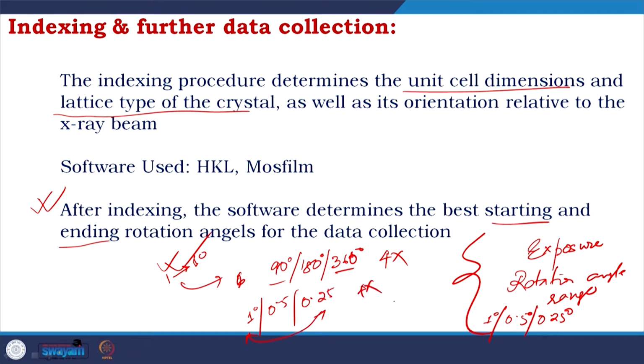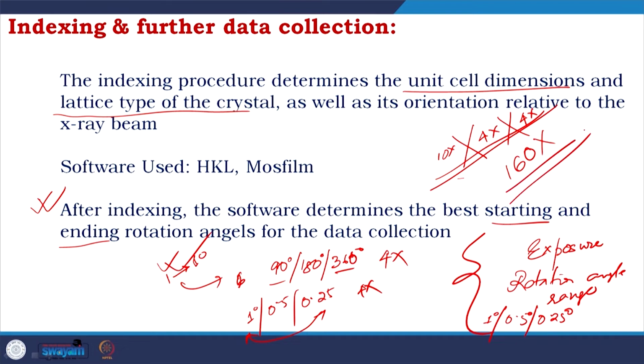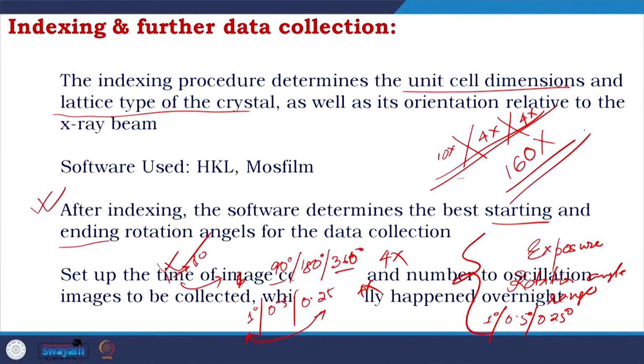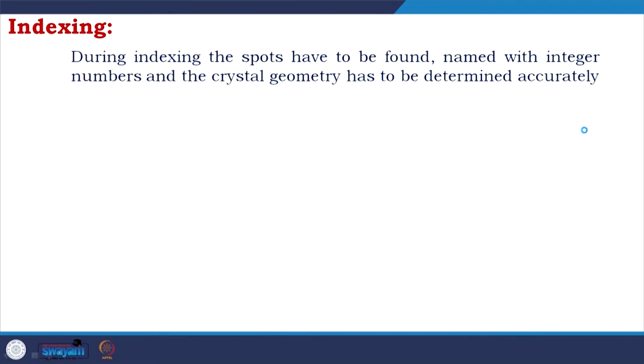So, actually there would be 10x into 4x into 4x, 160x time difference depending on how well you have optimized. And then you set up the time of image collection, the number of oscillation images to be collected, which may take you overnight, even a minimum of 24 hours or something like that.